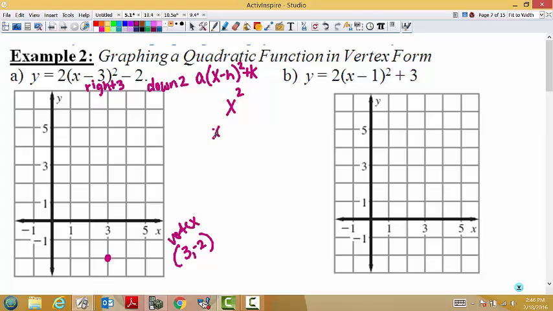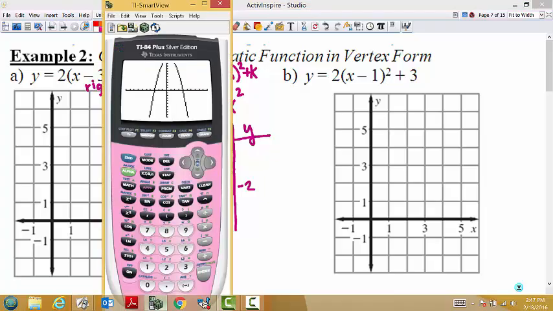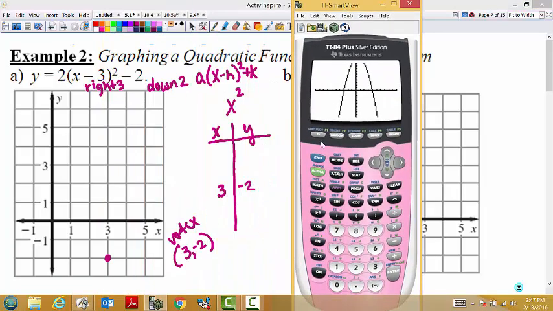And now that you have your vertex, you could do a rough sketch, but I want a more specific sketch. We'll do rough sketches a little later. You're going to put the 3 and the negative 2 in the center of your table, and we're going to use a table. We're going to stick it in our calculator. 2(x minus 3) squared minus 2, and we're going to hit second table, and we're going to scroll until the 3 is in the middle.